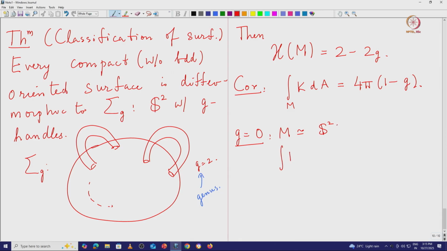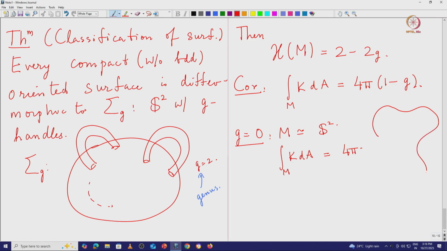So in this case the total Gauss curvature is going to be 4 pi, and we saw that at least with the round metric on the sphere the Gauss curvature is 1 by r squared, the area of the sphere is 4 pi r squared.